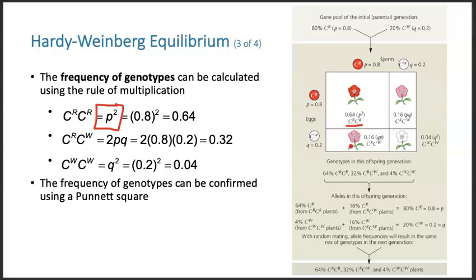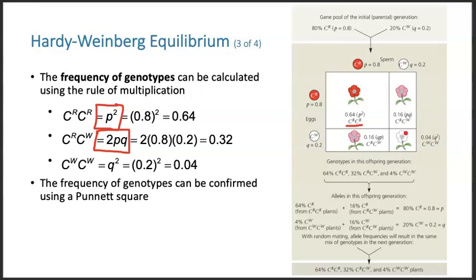So 0.8 times 0.2 gives us 0.16. And then we have to add those together. So 0.16 plus 0.16 is 0.32. Another way to calculate this is to simply acknowledge that there are two different ways, and to do p times q. And so we can just say 2 times p times q. And that gives us the frequency of the heterozygous pink flower.